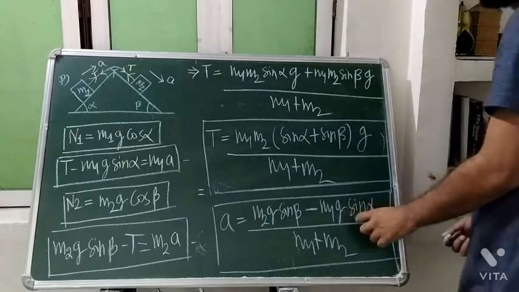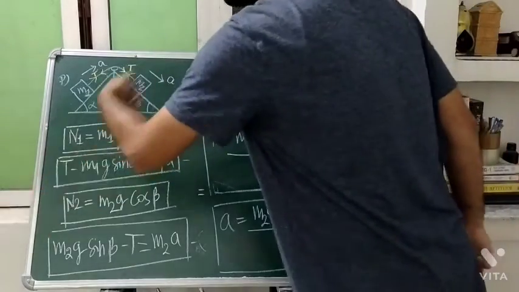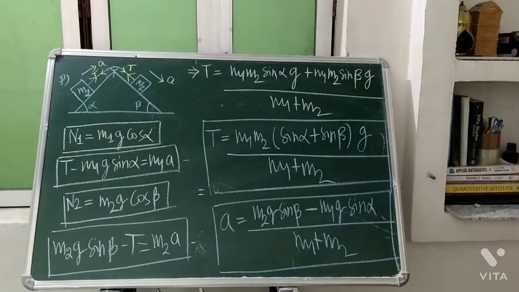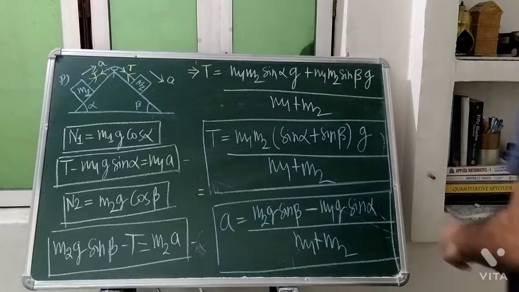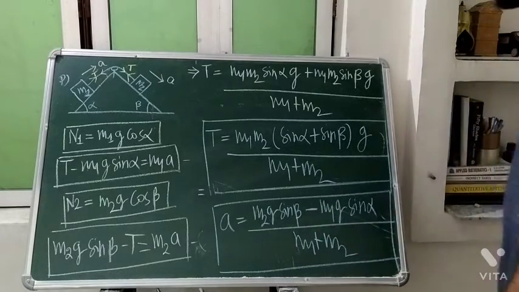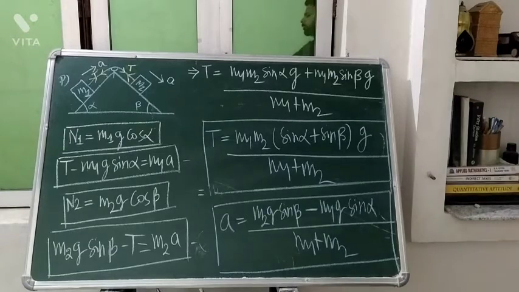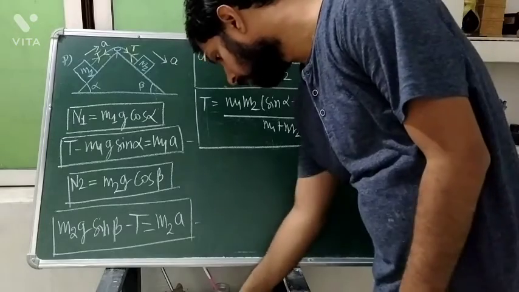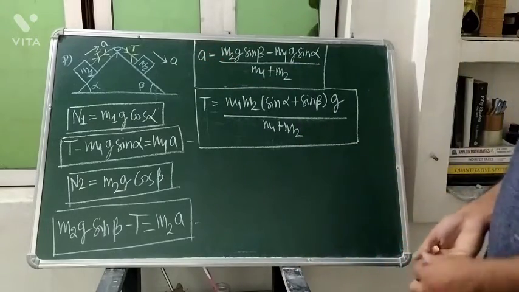Okay, m1 g sin alpha was acting in the opposite direction of acceleration, so it was subtracting from it. So this expression we will get, and this times g I have written. You can take out g as common. So we are getting this expression.